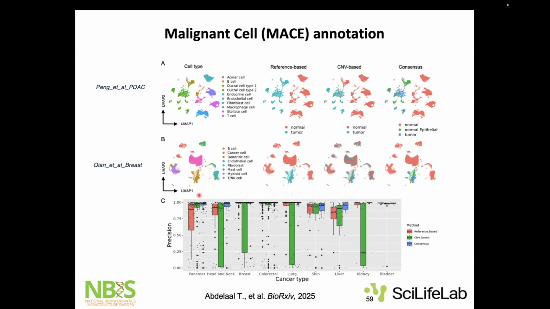These CNV-based methods force a clustering at the end of the process to divide cells into two groups, normal and tumor. In this case for breast, where we have very weak CNV, forcing them into two groups labeled a lot of normal cells, even immune cells, as tumor. So it just gives you a lot of false positives.